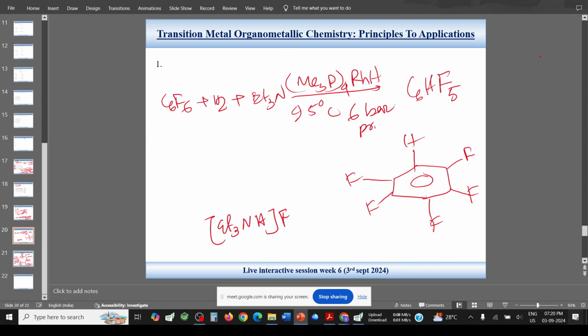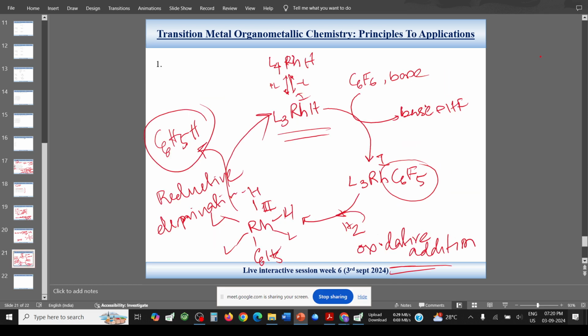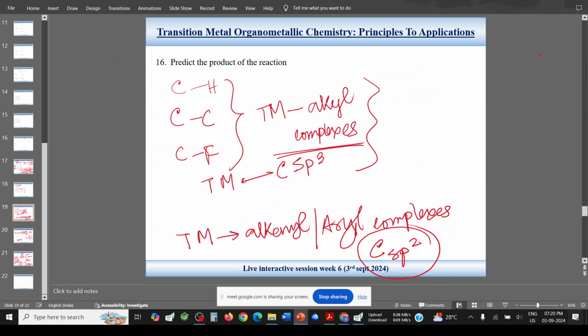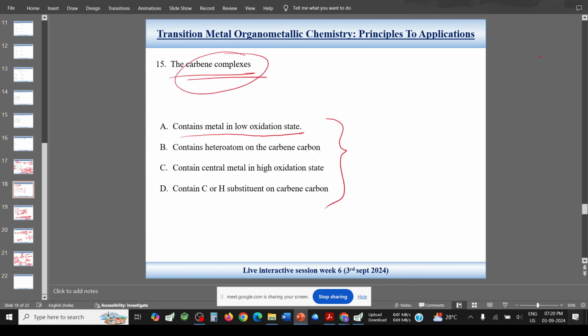Schrock carbene. Yes. In Schrock type carbene complex, it contains a low oxidation state. Contains heteroatom on the carbene carbon. Which type? Fischer carbene, sir. Fischer carbene is heteroatom stabilized.